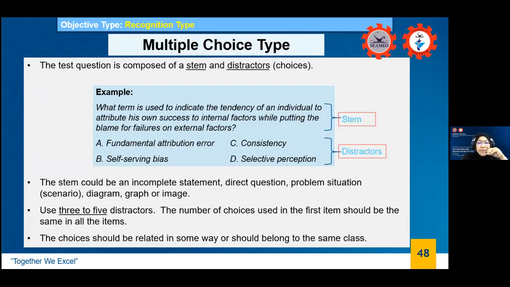So tomorrow, in the afternoon, we will group you accordingly, because you will have activities which you will report or share the next day, which is on Thursday.